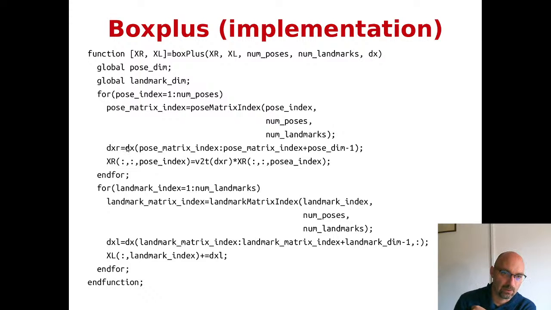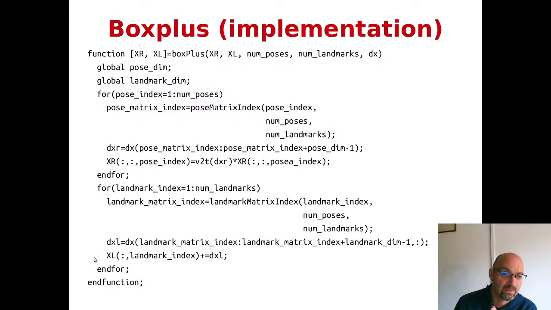I extract the perturbation vector for the pose, which is a 6D vector, so it starts from pose matrix index and goes to pose matrix index plus pose dim, because pose dim we made parametric. This is 6 in our domain, so take a portion of 6 of this vector. We take the transformation matrix in location pose index, and then we apply our box plus operator as we do all the time to this particular element.